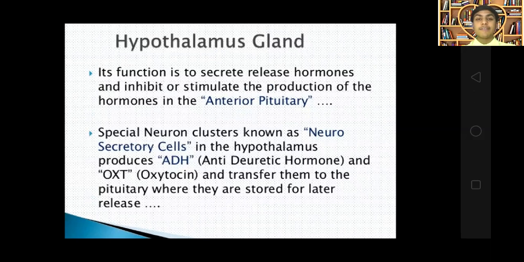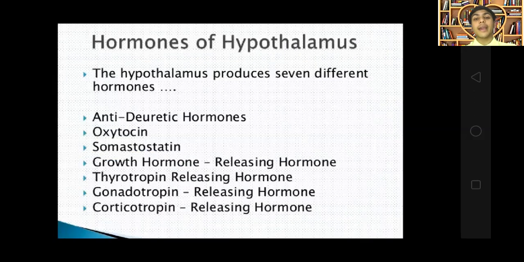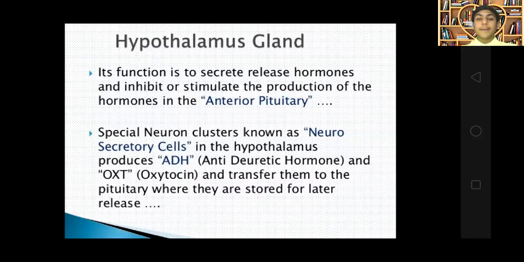Before that, we are dealing with the hypothalamus gland, its function and the hormones it secretes. The hypothalamus secretes several hormones that inhibit or stimulate the production of hormones of the anterior pituitary, especially neuron clusters known as neurosecretory cells, NSC in short.